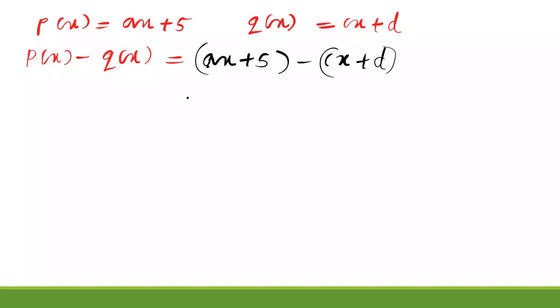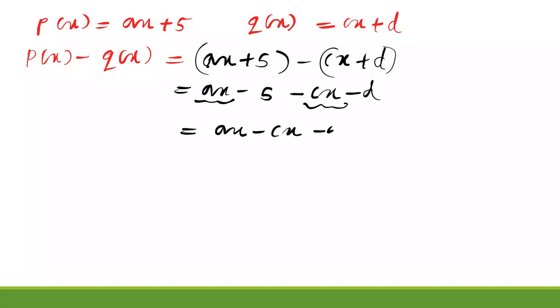Let us open the bracket, that is minus cx minus d. Now let us take the x terms together, so that we get ax minus cx plus 5 minus d. When I take x common, I get (a minus c) x plus 5 minus d.